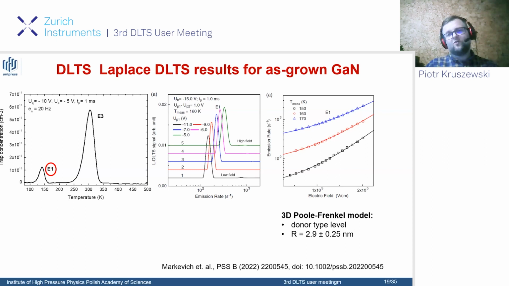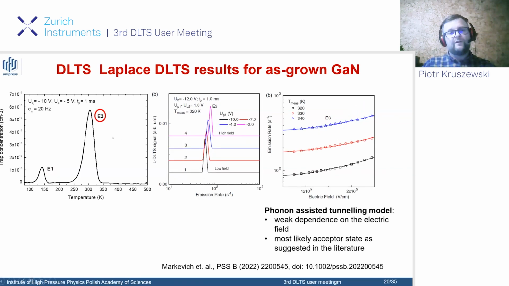We tried to check the 1-dimensional Poole-Frenkel effect and also other models, and we didn't succeed. Only the 3-dimensional Poole-Frenkel effect model let us fit our data nicely. The Poole-Frenkel effect appears only for donor type levels. So this is also an indication and confirmation that the E1 trap level is a donor type level.